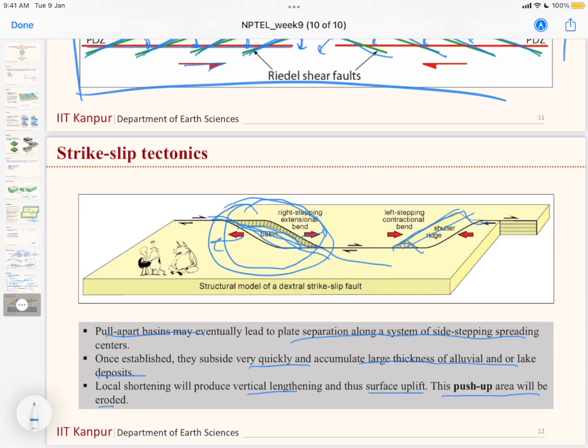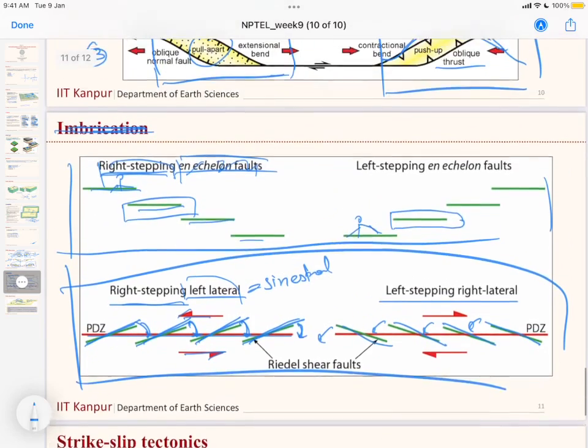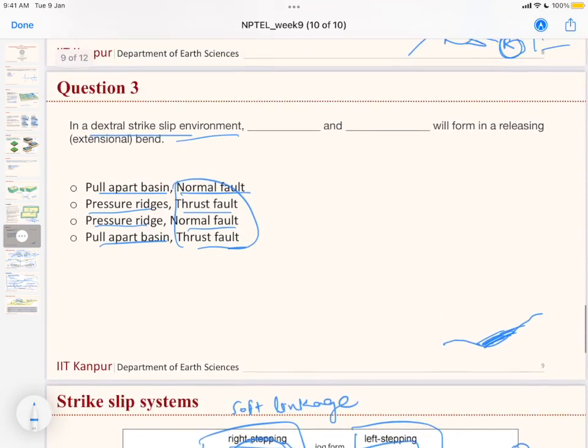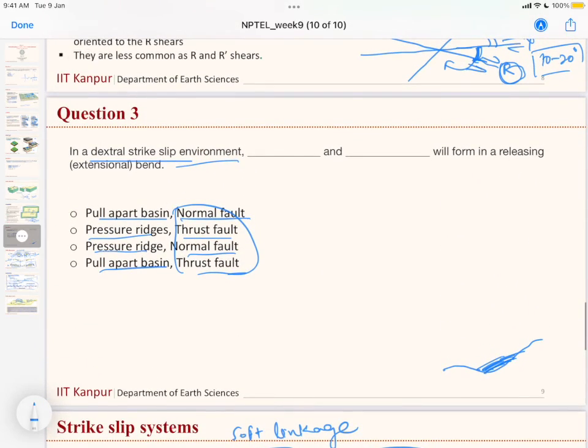So this is the whole strike slip tectonics that you should remember, what kind of features we see in it. If we go back and try to answer this question, we have already seen the dextral strike slip environment. So what would be the correct combination? Now tell me. Pull apart basin and normal fault.